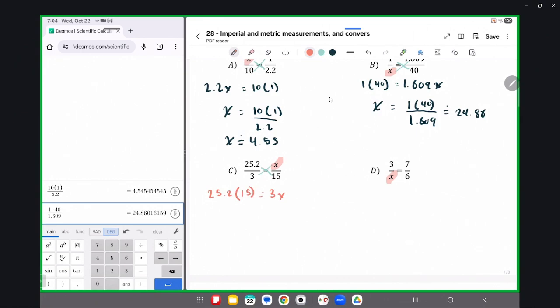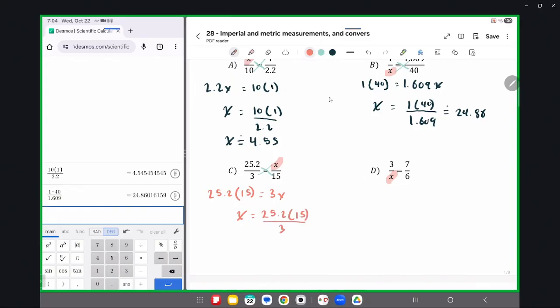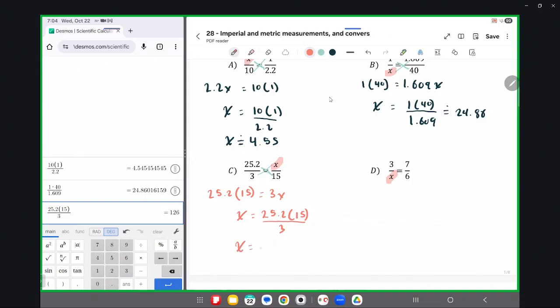Divide both sides by 3, and we get x is equal to 25.2 multiplied by 15 divided by 3. On our calculator, you can just type this in: 25.2 multiplied by 15 and dividing this by 3 yields as an answer that x will be equal to exactly 126.